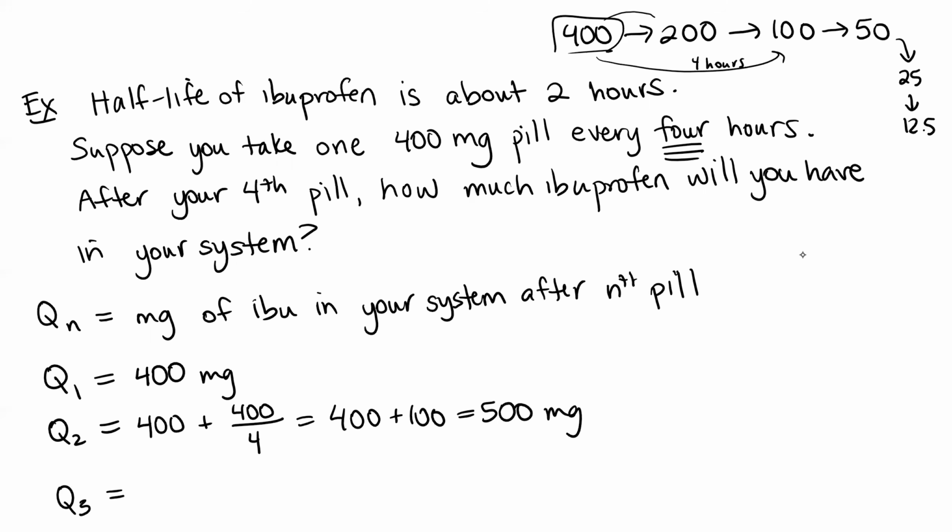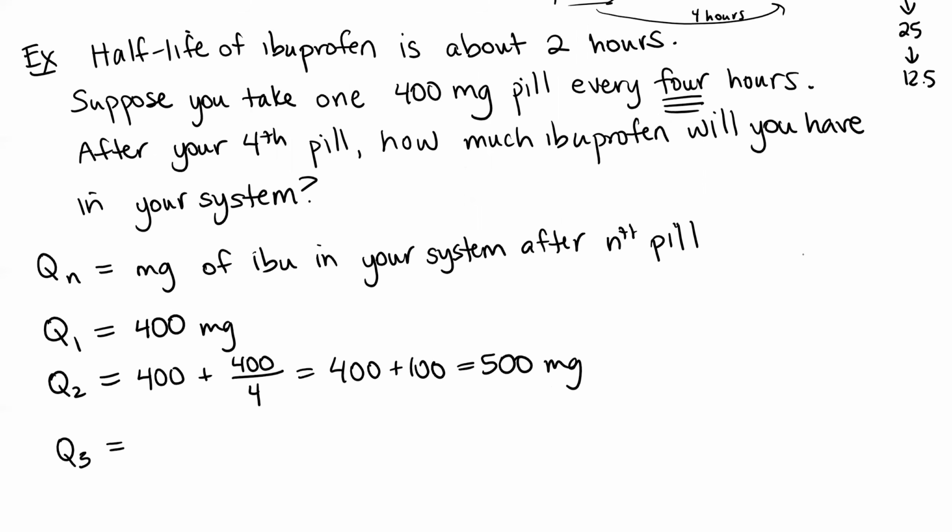Next, let's look at Q3. So to find Q3, we'll take the amount from the third pill plus the leftover amount from your second pill plus the leftover amount from your first pill. So the amount from your third pill is 400 milligrams. The leftover amount from your second pill is 400 divided by 4, because again, 2 half-lives have passed.